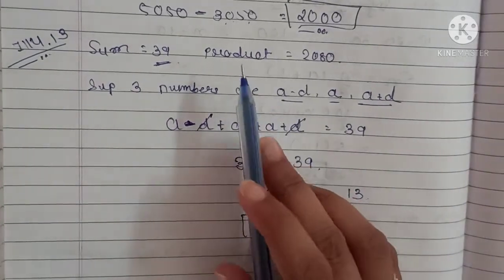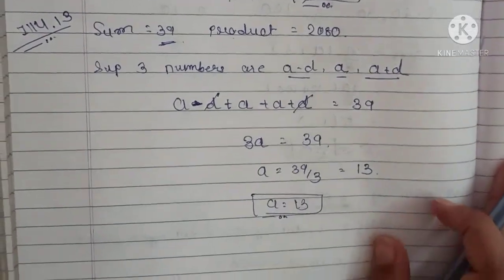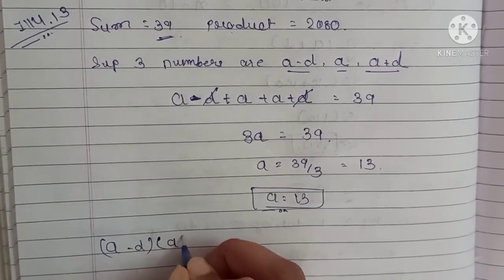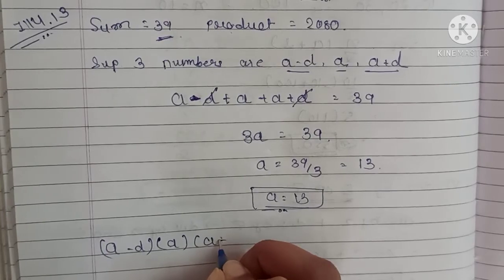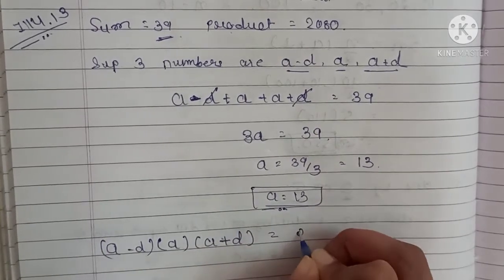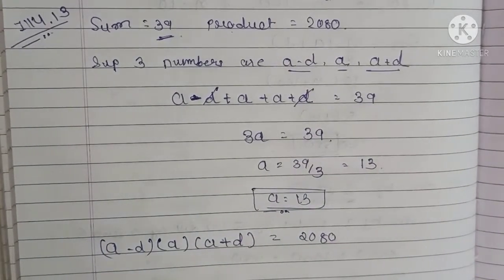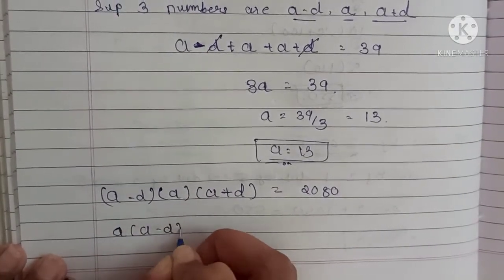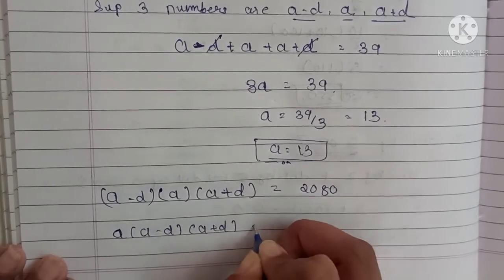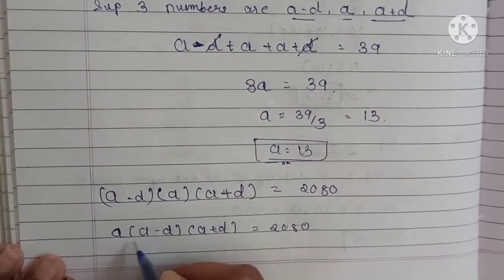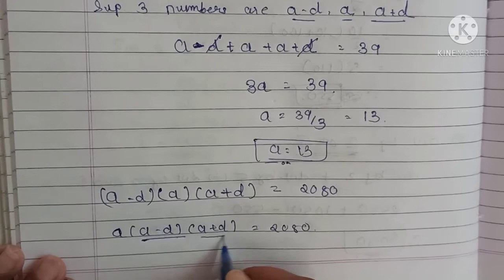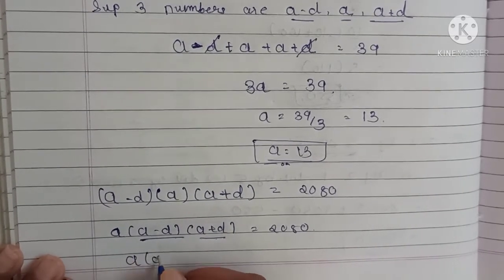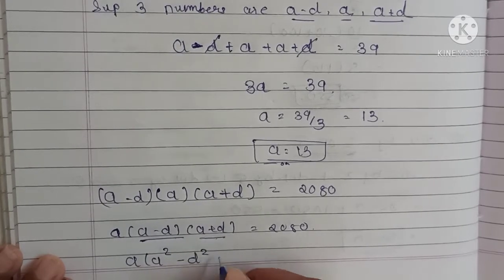Now, what about the product? a minus d multiplied with a and a plus d is equal to 2080. We can simplify like this: a minus d times a plus d is the factorization of a square minus d square, right?